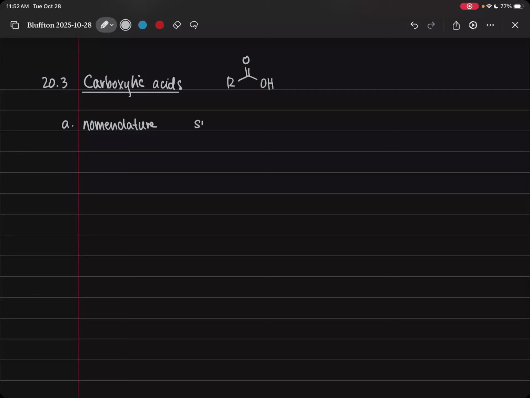So the suffix for carboxylic acids is oic acid. Convenient that acid is in the name, so it's kind of going to give you the answer, at least to what sort of functional group you might be looking at. So no, that is not a carboxylic acid.